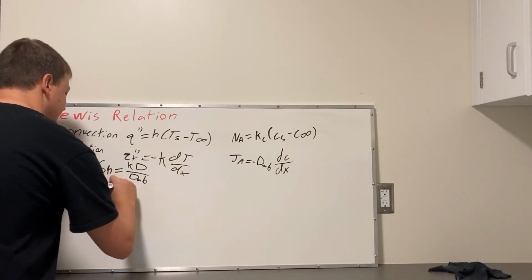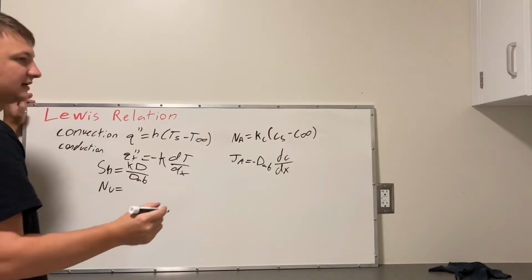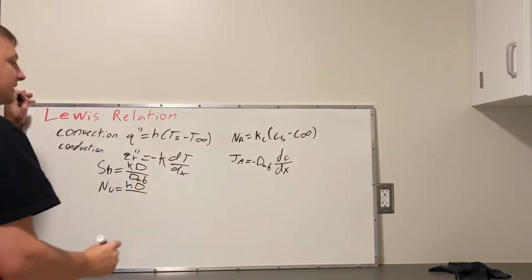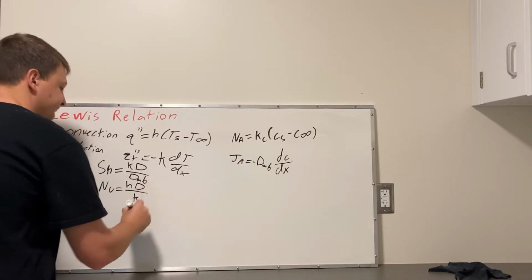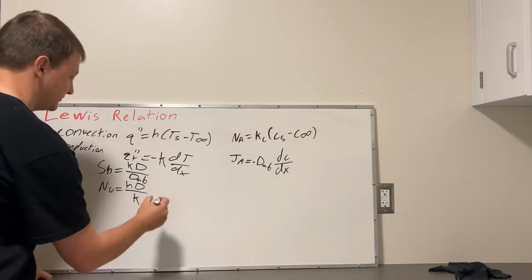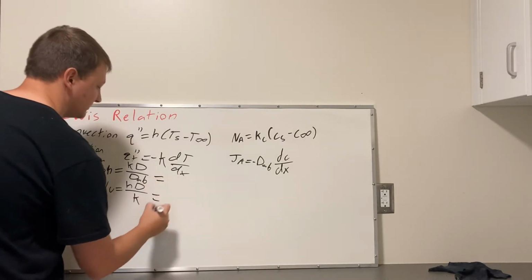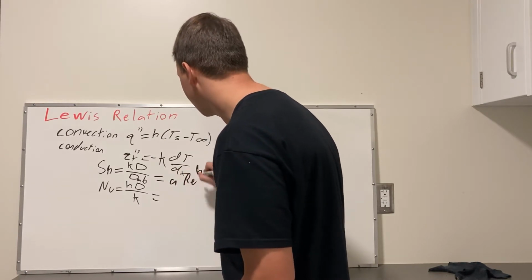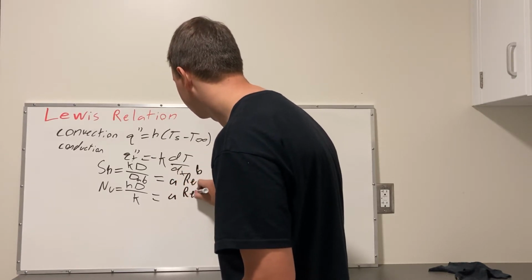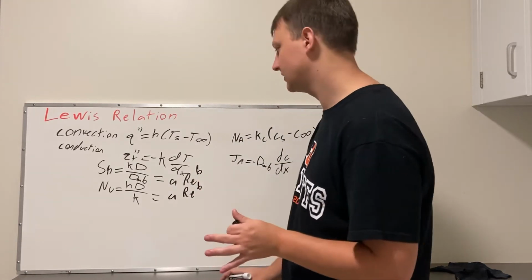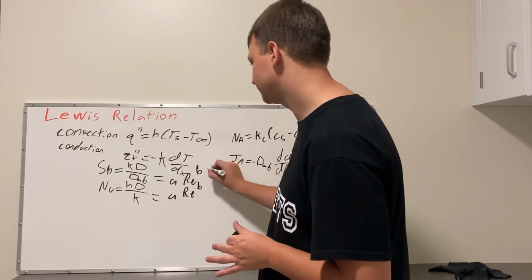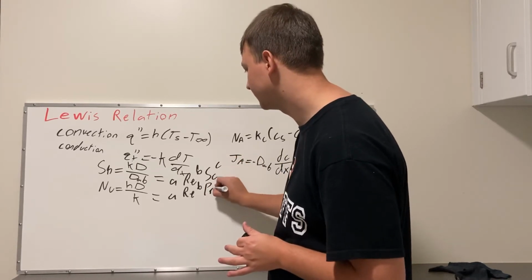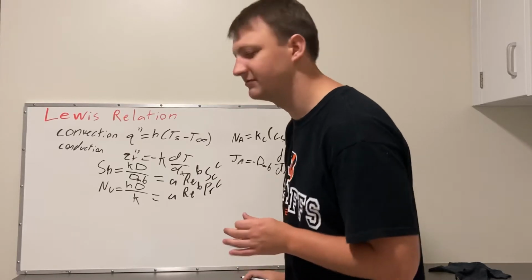And for the Nusselt number, we have the heat transfer coefficient times the diameter divided by the conductivity. And now these result in two equations that are very similar. You have A times the Reynolds number to the B power for both. And then the last one, you have the Schmidt number for Sherwood to the C power and the Prandtl number for Nusselt to the C power.